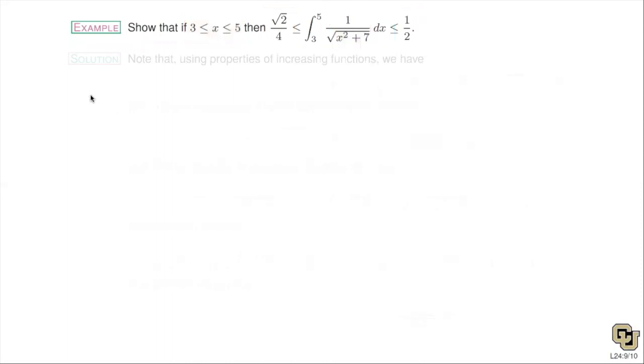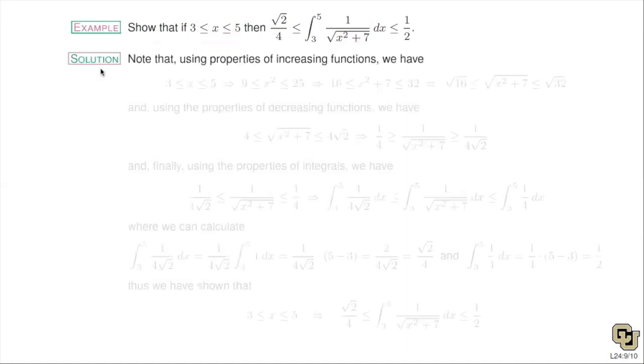We'll just use now the properties to solve this problem. So starting with what we're given, what I want to do now is build up to my integrand. So here, this x, I want to now manipulate it so that it ends up looking like 1 over the positive square root of x squared plus 7.